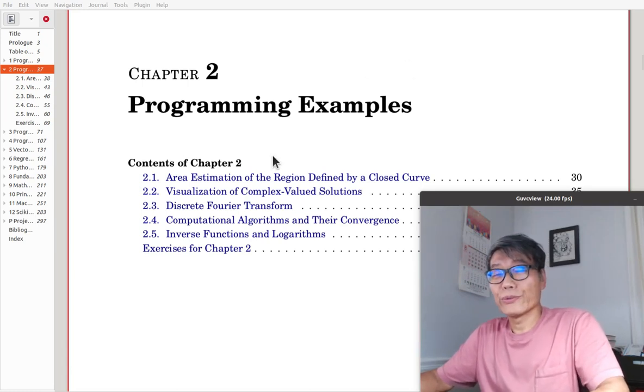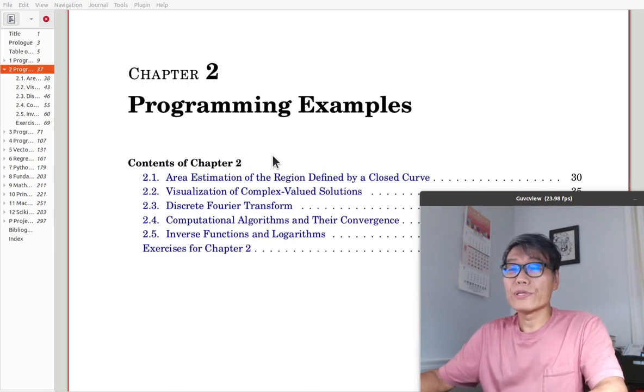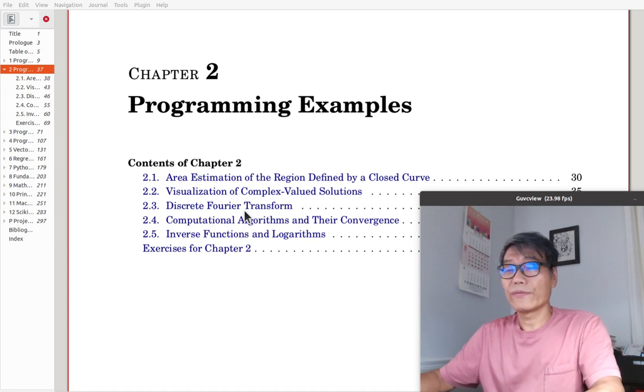In Chapter 2, we'll consider some programming examples: area estimation, visualization of complex valued solutions for quadratic equations, and the discrete Fourier transform along with short time Fourier transforms.